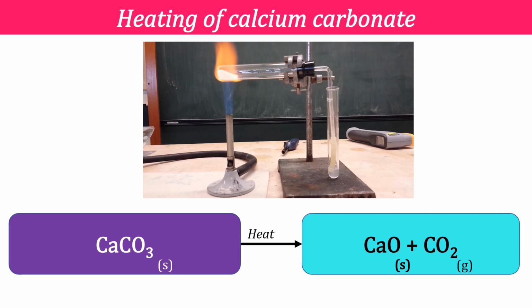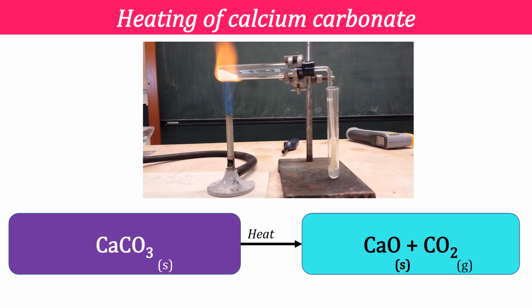The next example is thermal decomposition of calcium carbonate. Take some calcium carbonate, that is limestone, in a test tube and heat it over a flame. As shown in the picture, the calcium carbonate decomposes to form quicklime, that is calcium oxide, and also releases carbon dioxide gas. Quicklime, that is calcium oxide, is used in the manufacturing of cement.